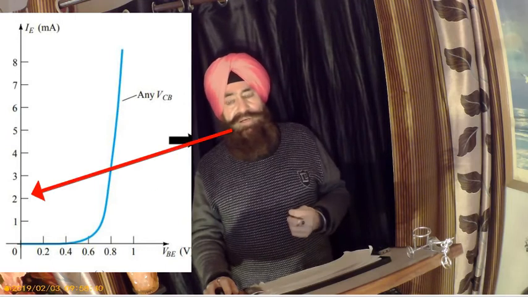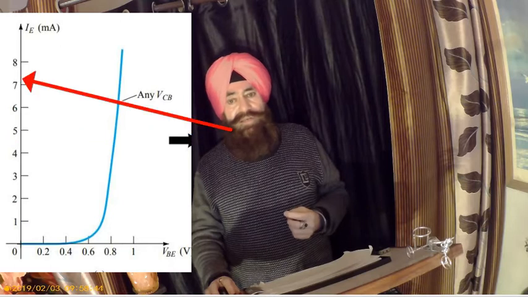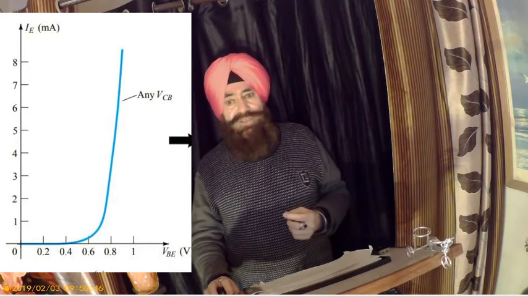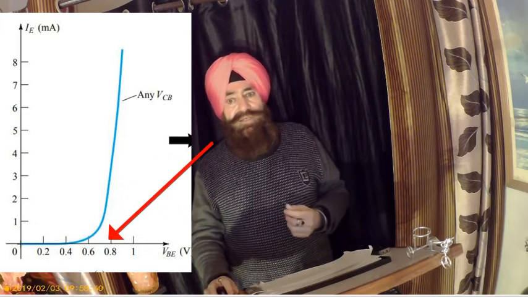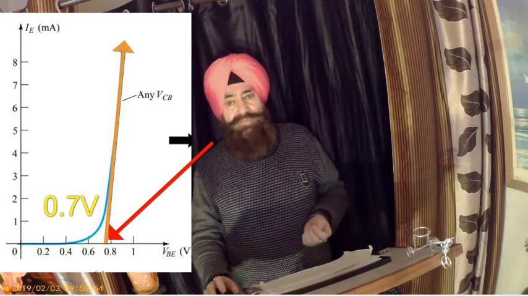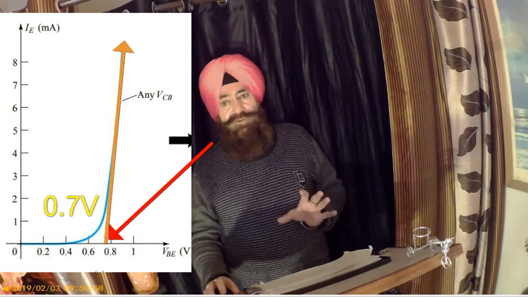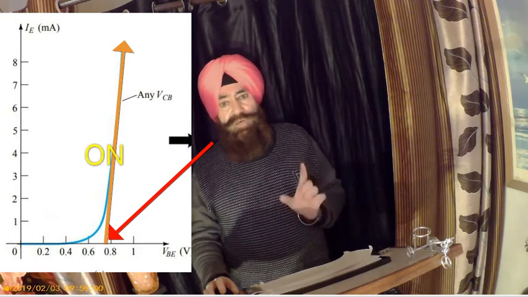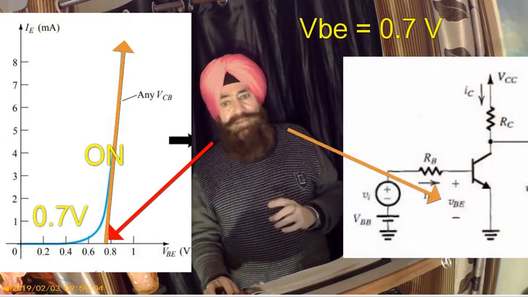Note again, the emitter current is increasing along the y-axis, but the base emitter voltage hardly changes. It remains approximately close to 0.7. So when the transistor is in the on state, the base emitter voltage is always taken as 0.7 volt.